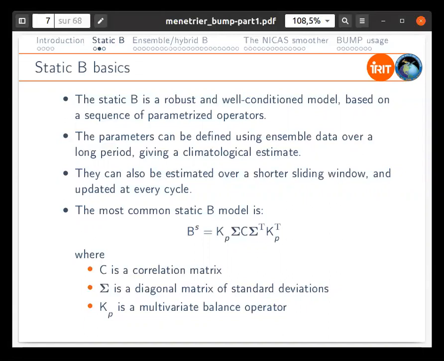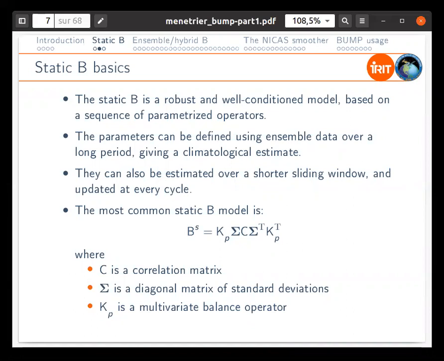And finally, the KP operators on both sides are the multivariate balance operator. KP is very important to get a balanced analysis and reduce the spin-up of the following forecasts.